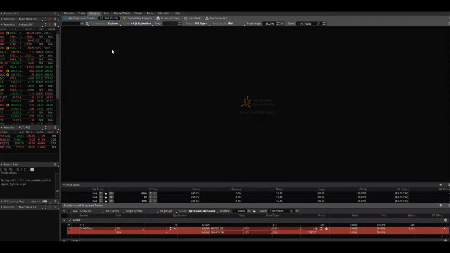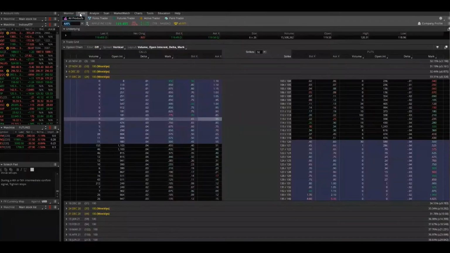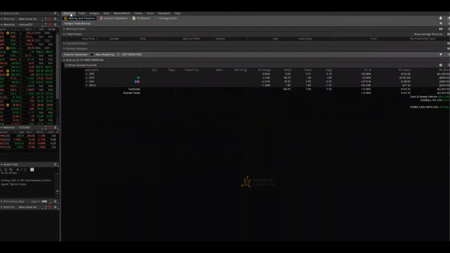You can actually simulate what an option trade will look like in the future based off of price. So if a stock were to go to a certain price, it will actually tell you how the option will be performing in terms of profit or loss. And then your trade tab is where you put all of your orders on, and then monitor is where you see all of your current positions.